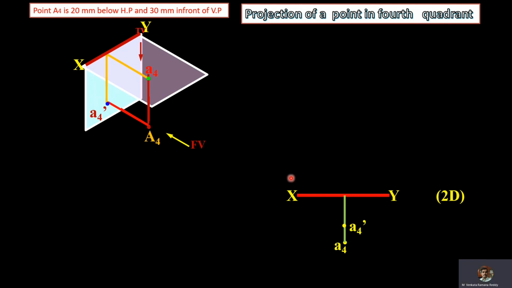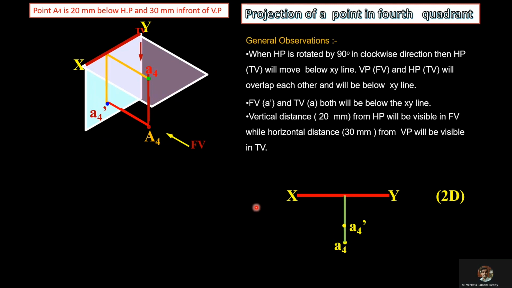This is the position of the point in the fourth quadrant, that is below HP and in front of VP. That's why both the views come below the XY line. Here in the case of the fourth quadrant, top view as well as front view come below the XY line.